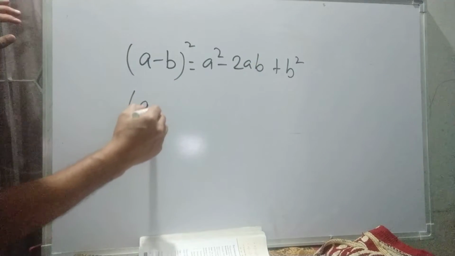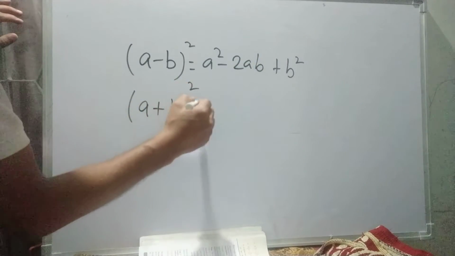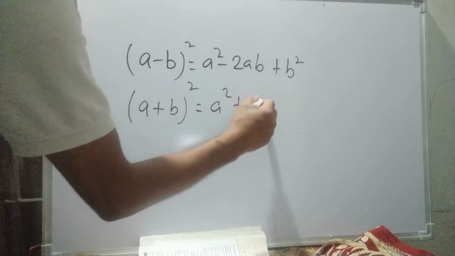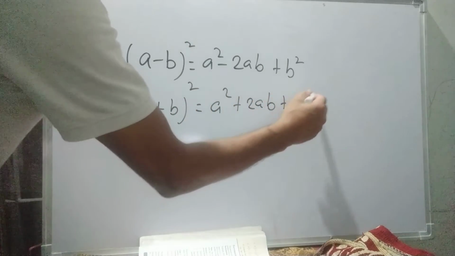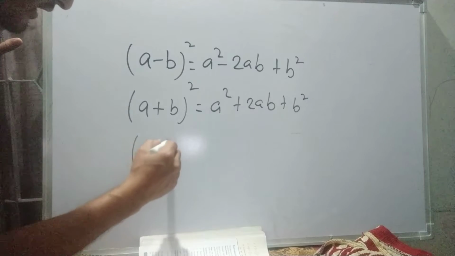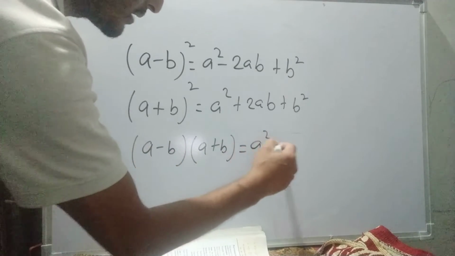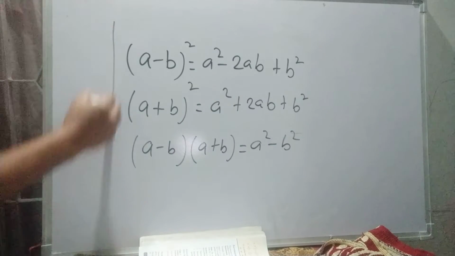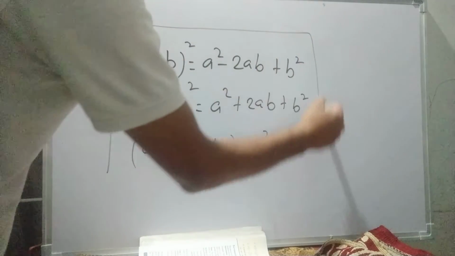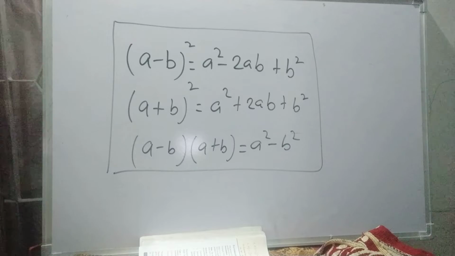The second: a plus b whole square is a square plus twice ab plus b square. And the third: a minus b times a plus b is a square minus b square. If we are asked to factorize using these three identities, let's see how we can factorize.